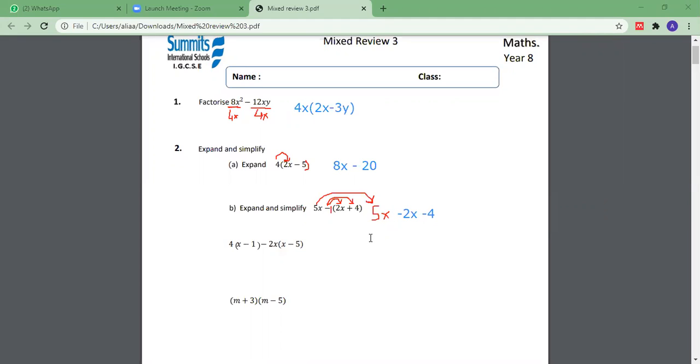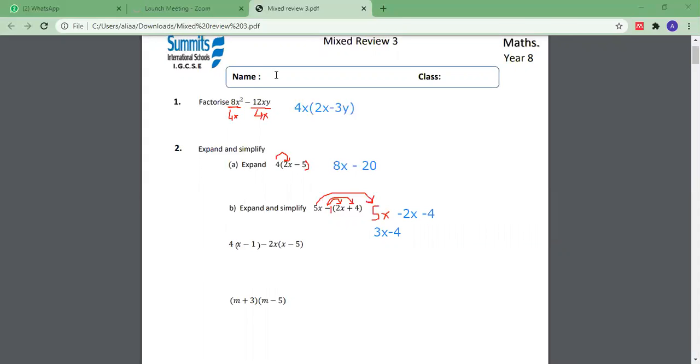Okay, now I can expand or simplify. I expanded the bracket, now I can simplify. 5x minus 2x will be 3x. And 4 doesn't have anything common, so I'll write it as it is. 3x minus 4. Okay. Here, let's expand these two brackets.